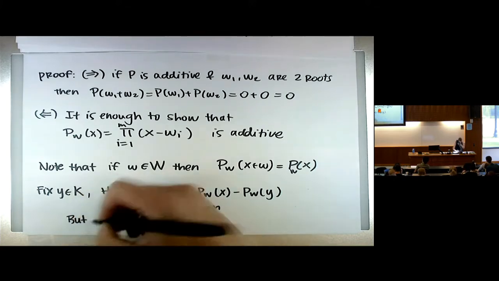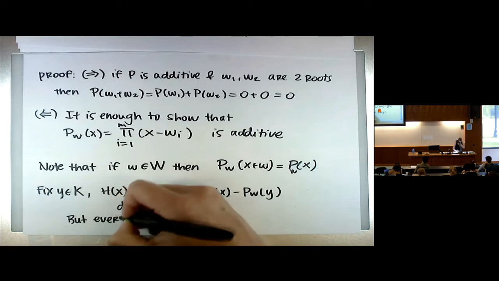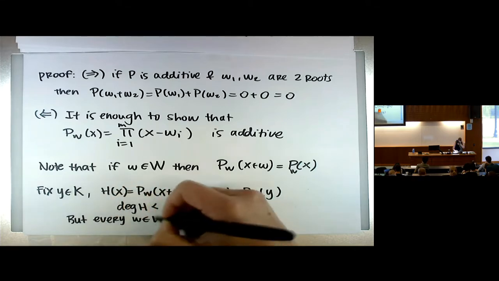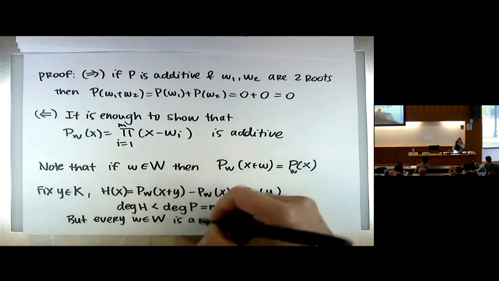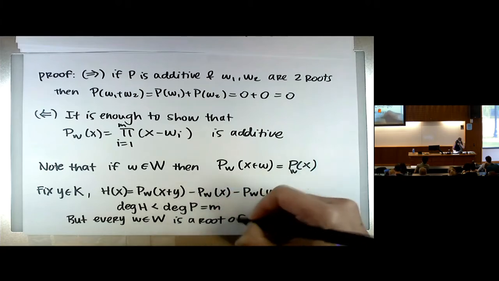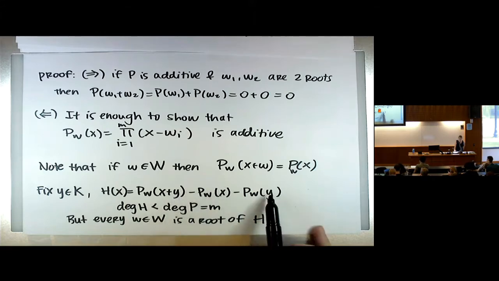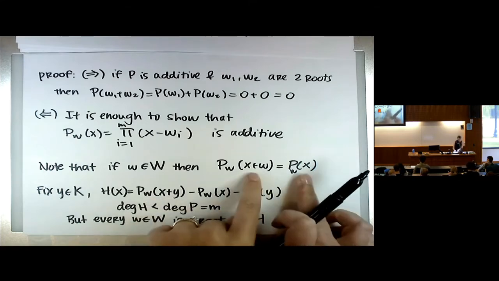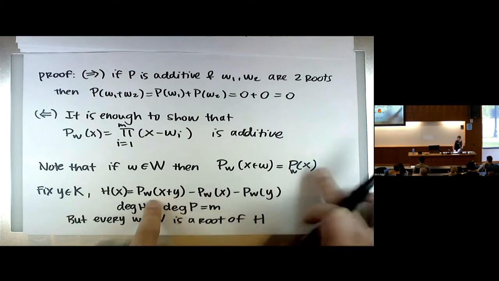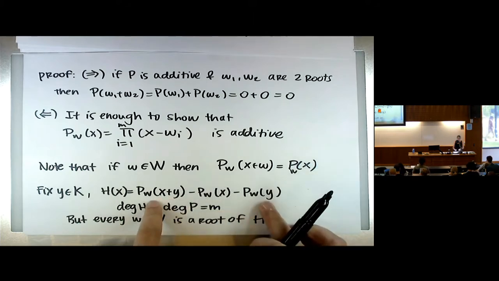But every little w in big W is a root of H. Because if I put a little w here, I get PW of W plus Y. And then PW of W, that's 0, because it's a root. And then PW of W, of Y, right? So I get exactly this. I get this one is that one, and this one minus that one, so there's 0.